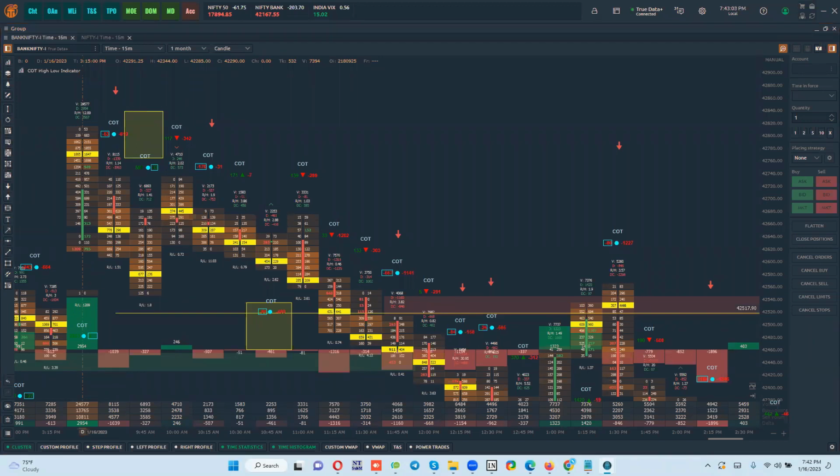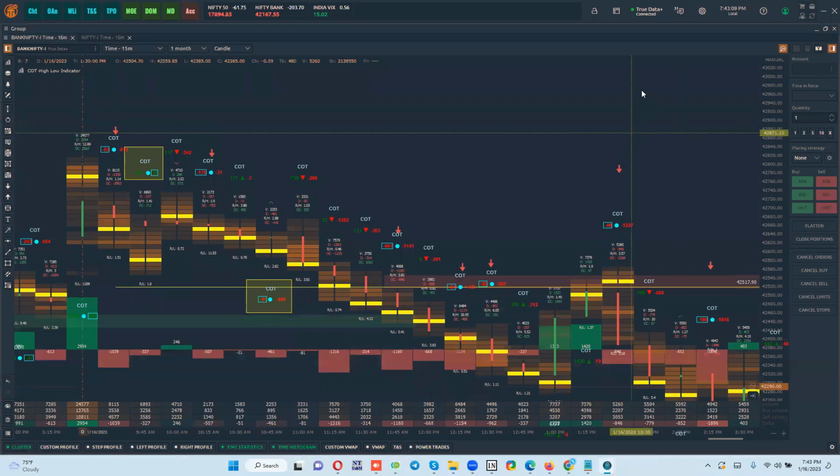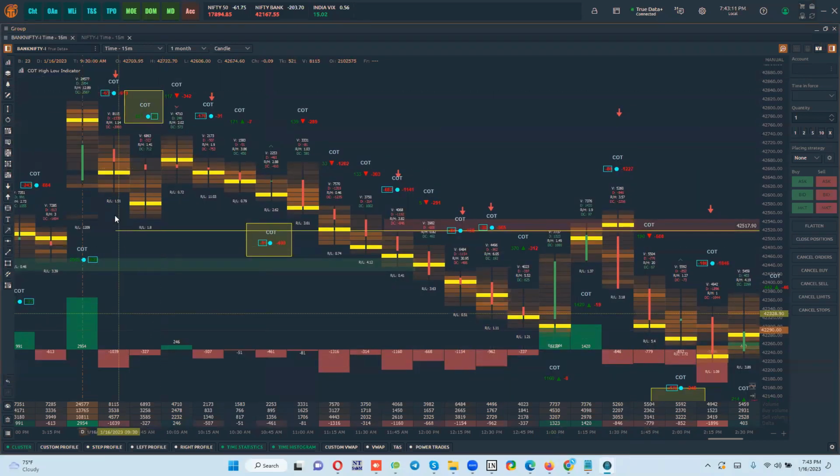So what is the best combination for bearish COT plus some delta value? As I told you already, normally if it's a negative bar, we will also see negative delta. What is important for us is whether we have a negative COT low also here. That is where we will come to know how strong the sellers are in this entire bar.